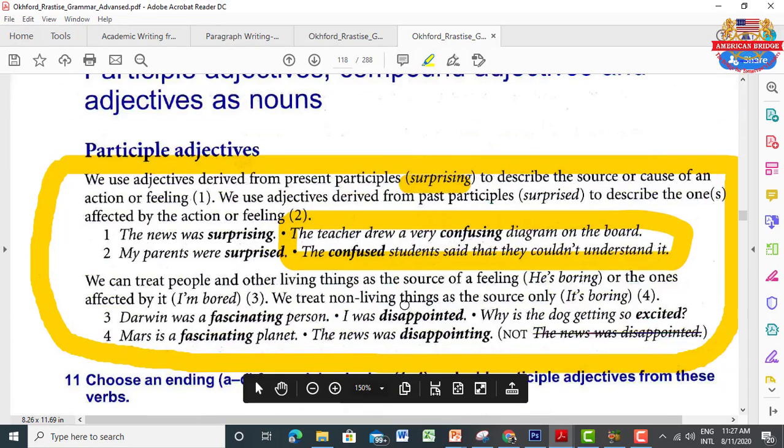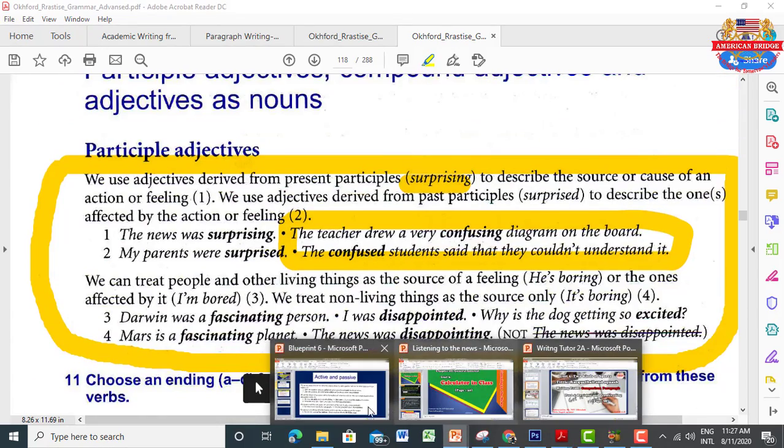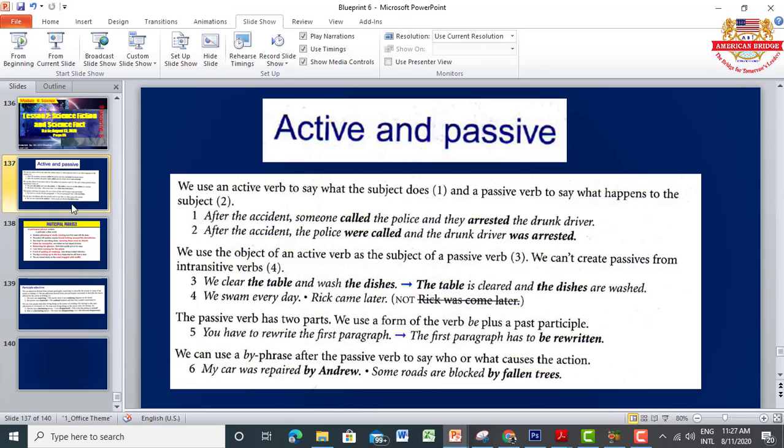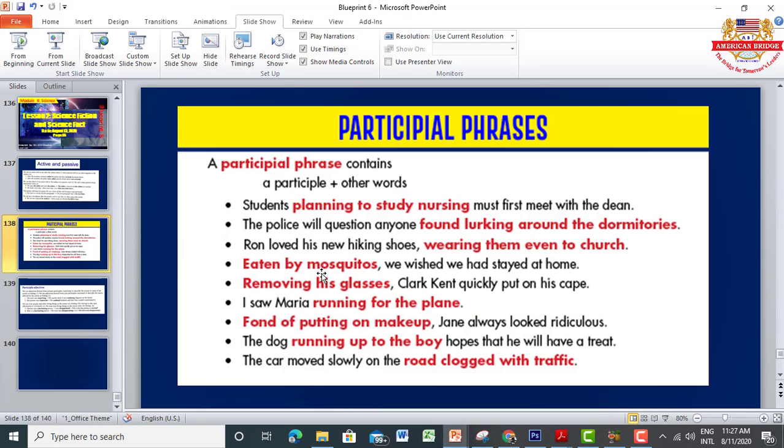Now we move to our slide here, everyone. This is more examples about participle phrases. A participle phrase contains a participle plus other words. For example: a student planning to study nursing must first meet the dean.